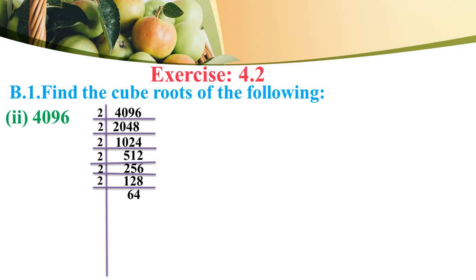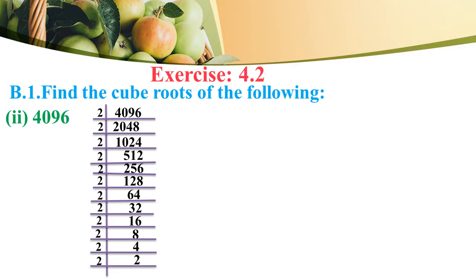Again, divide by 2, we get 64. 64 divided by 2, we will get 32. 32 divided by 2, we will get 16. 16 divided by 2, we will get 8. 8 divided by 2, we get 4. 4 divided by 2, we will get 2. 2 divided by 2, we will get 1.